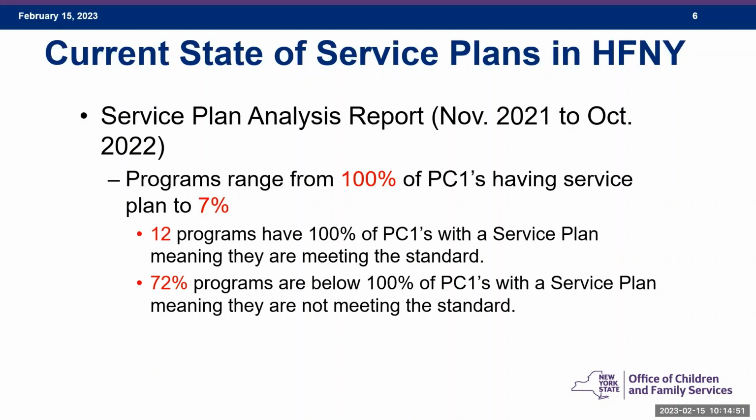To get a little more into the details, we identified that 12 programs have 100% of PC1s with a service plan, so they are meeting the standard, and 72% of programs are below 100%, so they are not meeting the standard. Next slide.